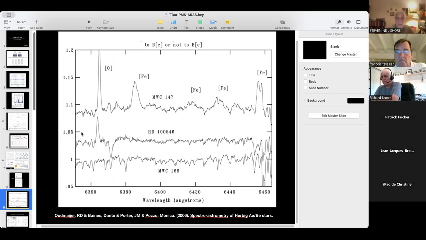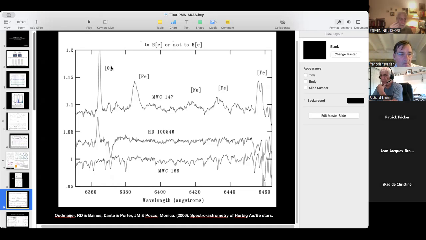One of the differences is that around these stars, you have circumstellar material. This is a deliberately primitive slide from 2006 that just shows a couple of examples of these objects where what's marked forbidden iron is really forbidden iron 2, and this is forbidden oxygen 1. And what this tells you, which you don't see in the T-Tauri stars, is that this is an environment that has material that's ionized, very low density.